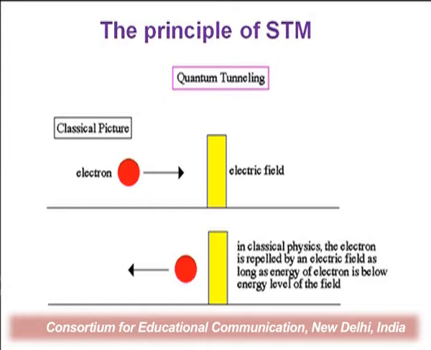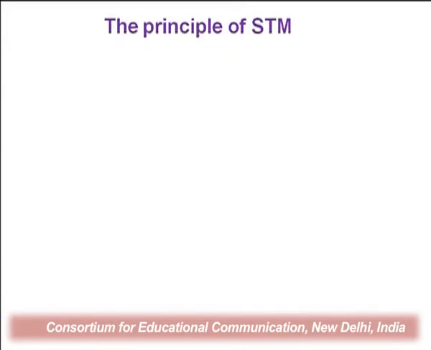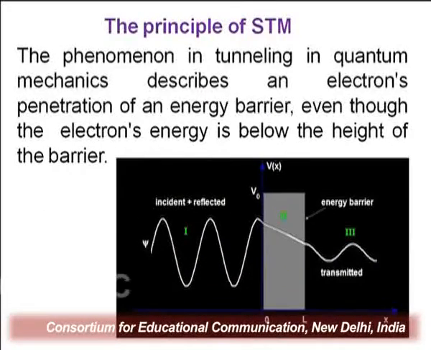It cannot pass this barrier, because barrier means we have some conditions that cannot be overcome in classical mechanics. But in quantum mechanics, as in the diagram, we have a wave. That wave passes into the barrier, and after that it passes through the barrier, and after that it is damped.